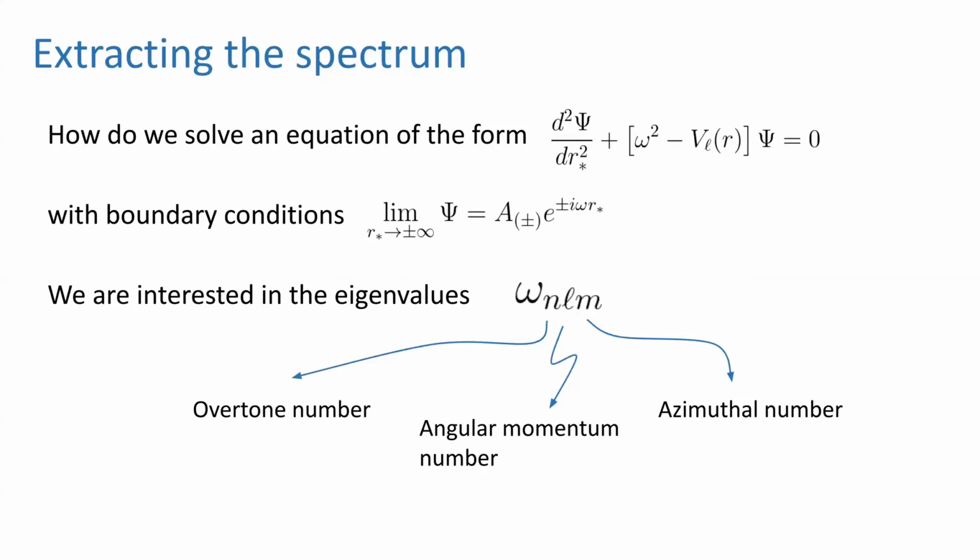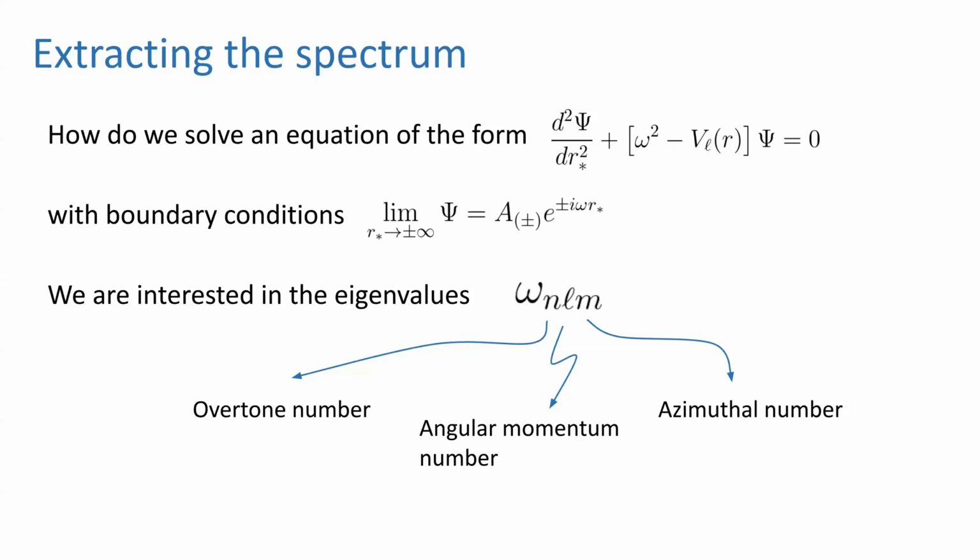So in general, the equation will take, as I said, this form, and it's important to set up the right boundary conditions if we want the quasi-normal mode problem. So we want a purely outgoing wave at infinity and purely ingoing at the horizon. And then by setting up this eigenvalue problem, the eigenvalues that you find are an infinite number, and usually we label them by these three numbers.